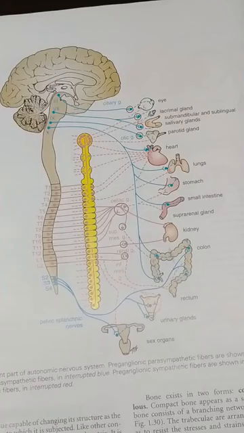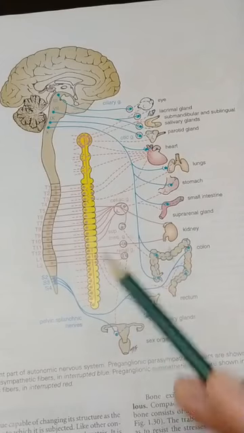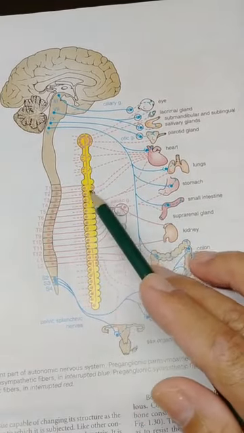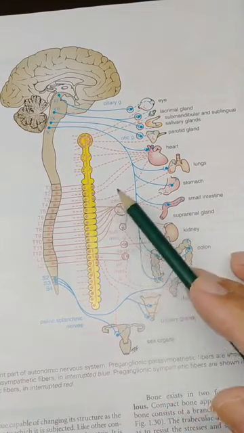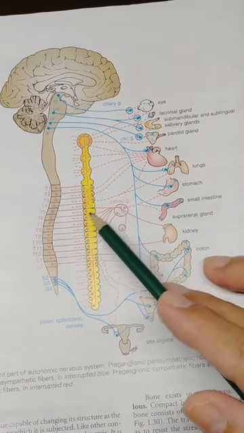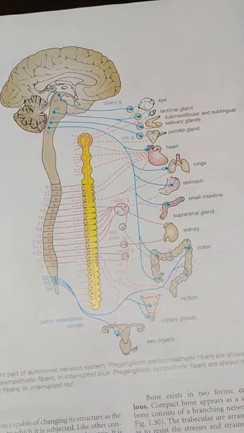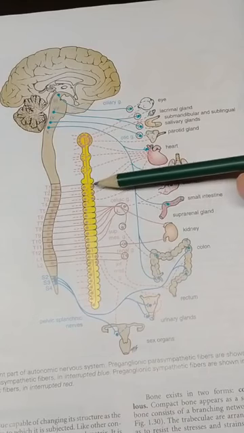The sympathetic connector. But the ganglion, take note of the ganglion. Each of these has its own ganglion. We call it the paravertebral sympathetic chain of ganglia. So you have found it here.